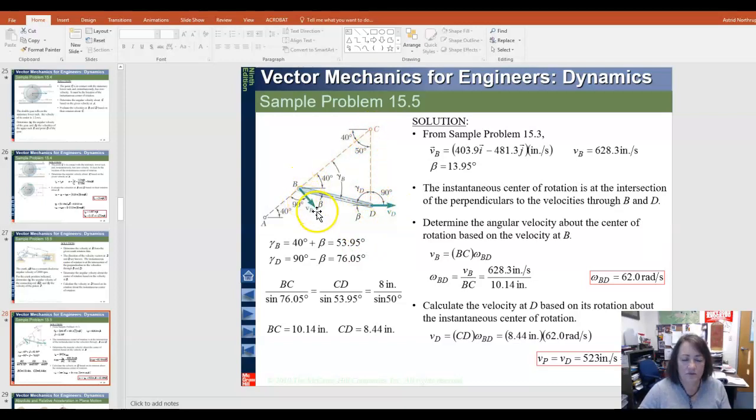If the velocity of B looks like this, it is also perpendicular. And so we have the angles, we do geometric construction, and we can determine what the velocity is of any point. Velocity at point P is what we're referring to here. And so that's basically how it works.